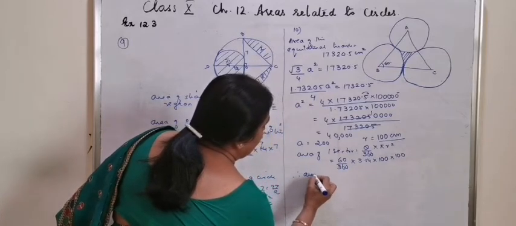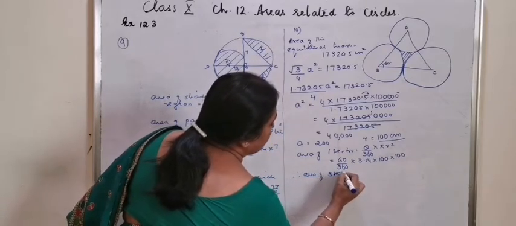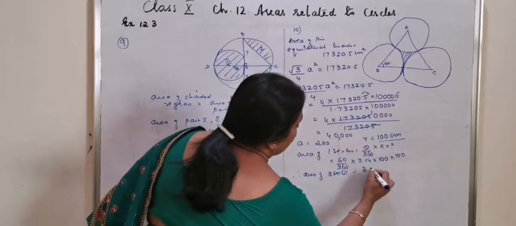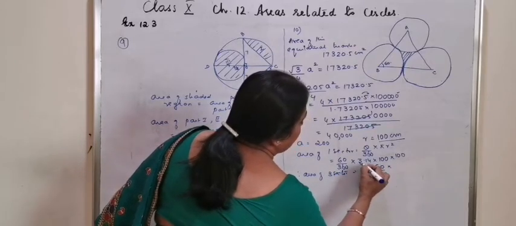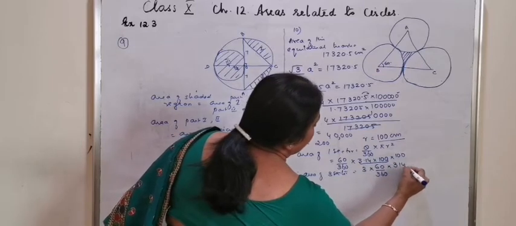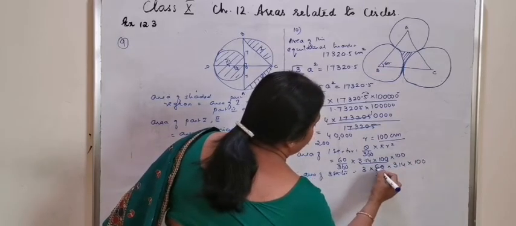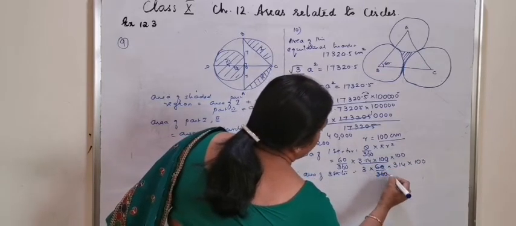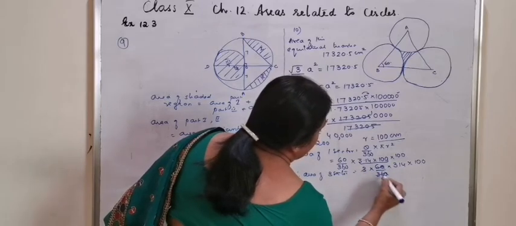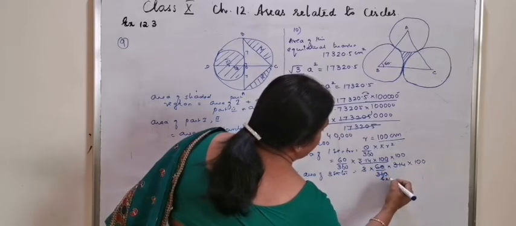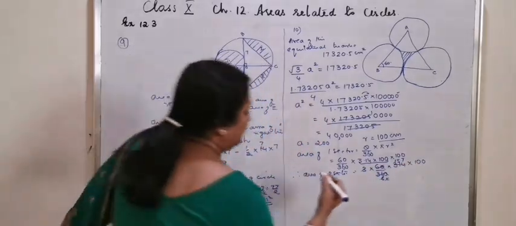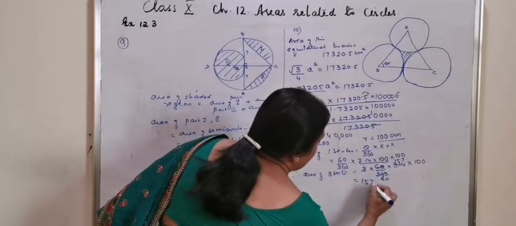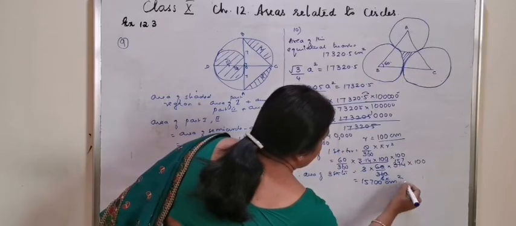Therefore, area of 3 sectors is 3 into 60 by 360 into 3.14 into 100 into 100, which is 157 into 100, or 15,700 centimeter square.